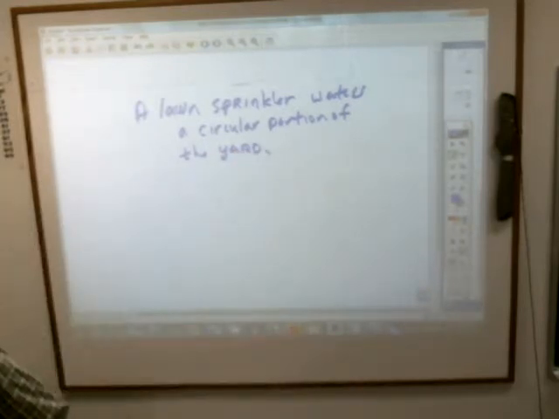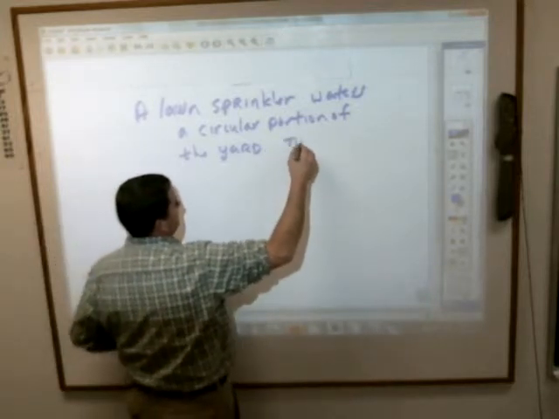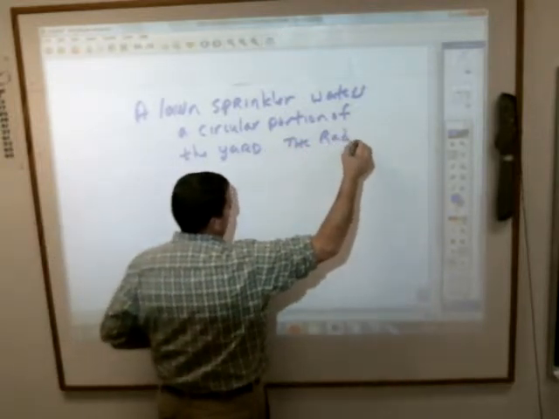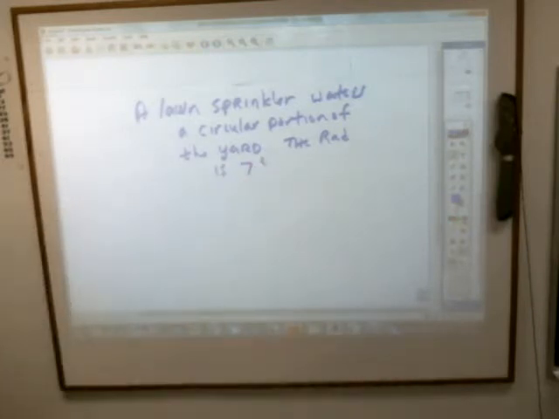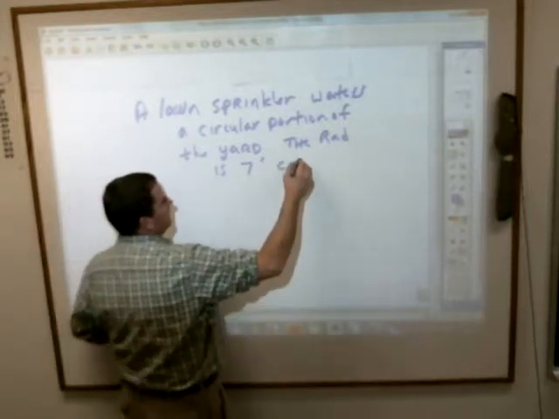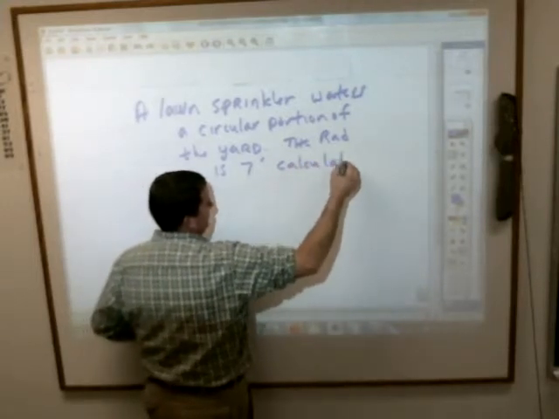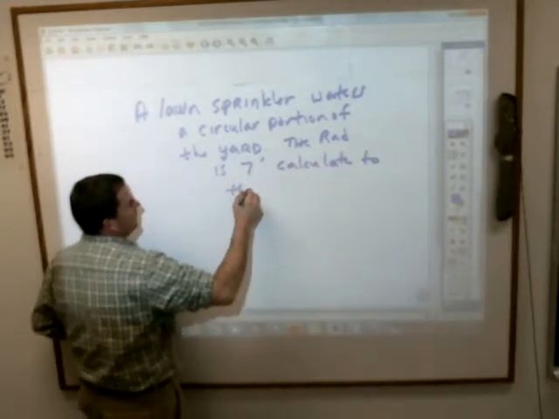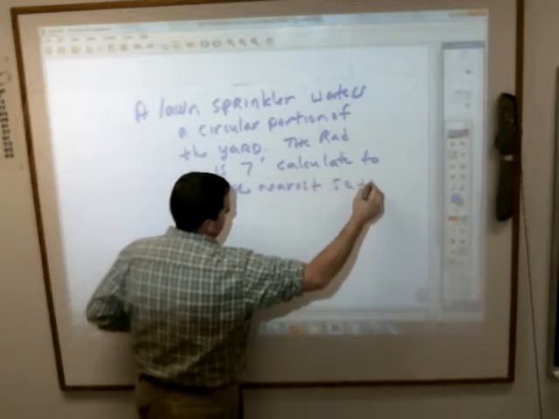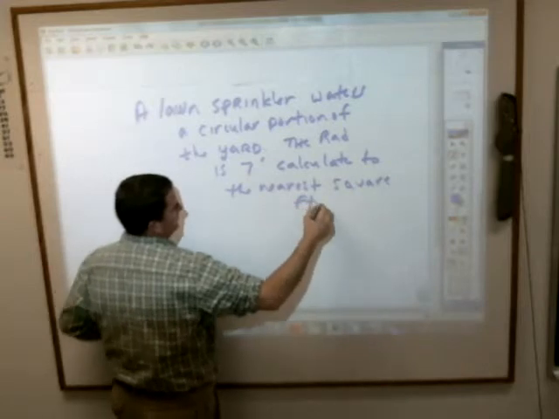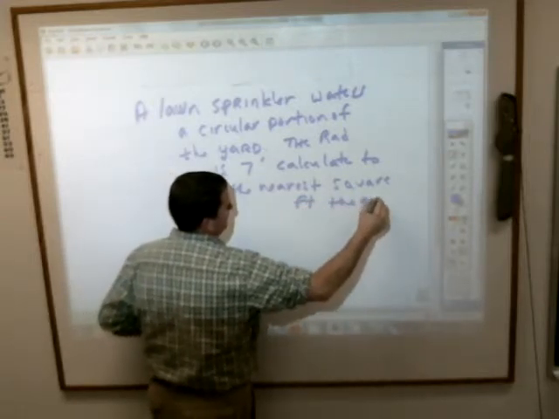The radius of the circular portion is 7 feet. Calculate the area of the yard watered to the nearest square foot.